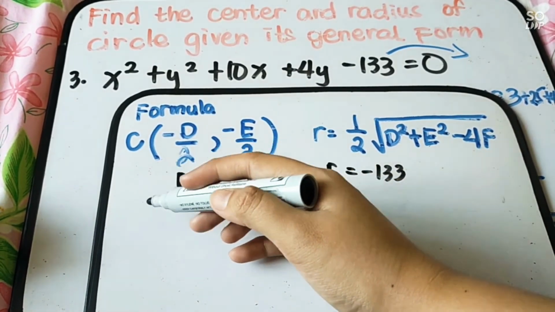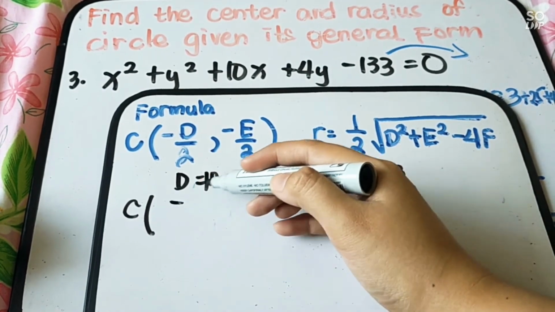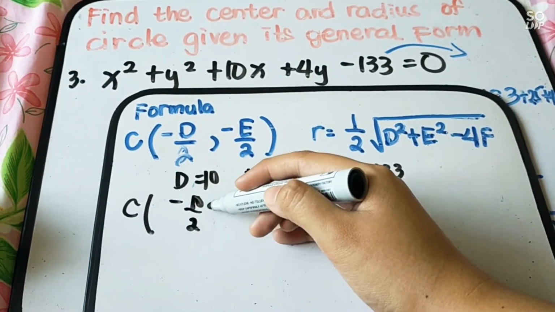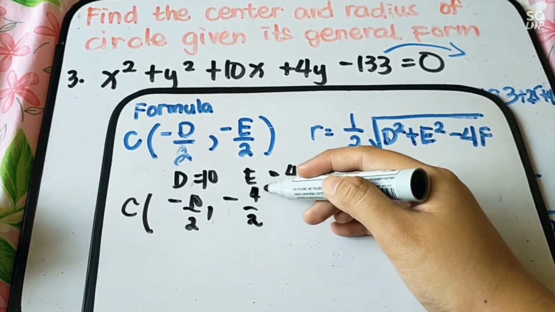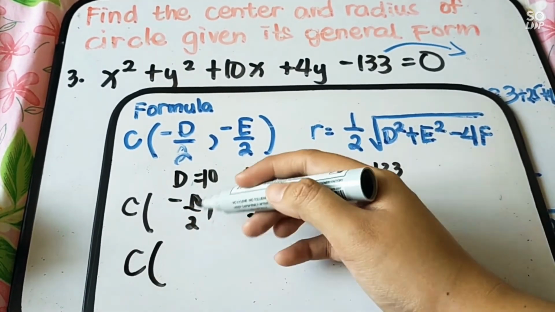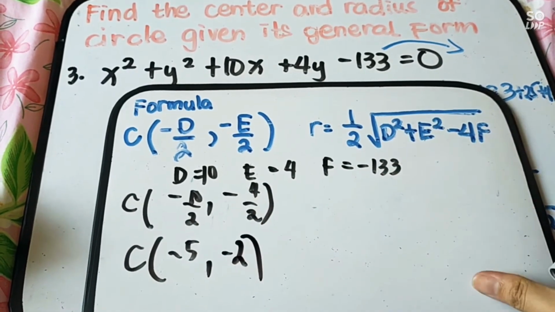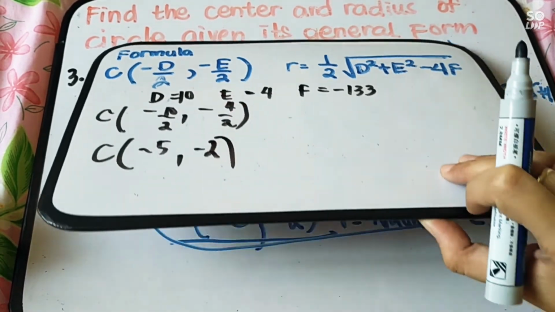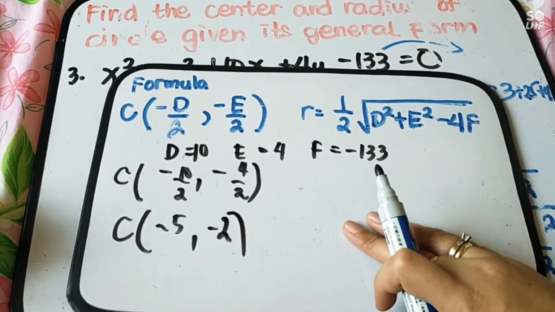Then, let us substitute for the center. So, we have negative 10 over 2. Then, this one is negative 4 over 2. So, our center is negative 5 and negative 2. Let's see if it is the same. Okay, we have the same one, negative 5 and negative 2.